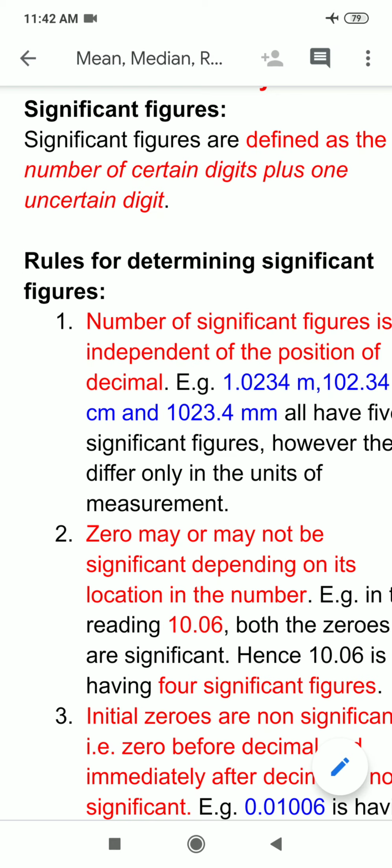Means number of certain digits plus one uncertain digit is known as significant figures.